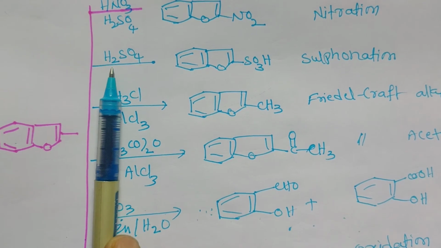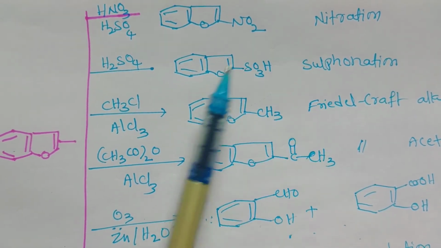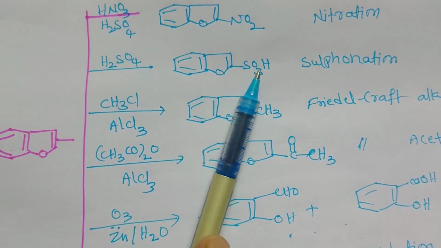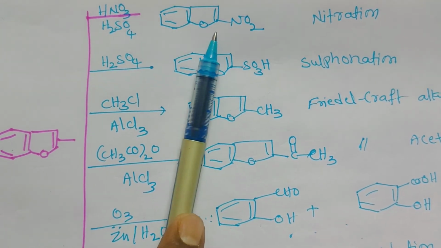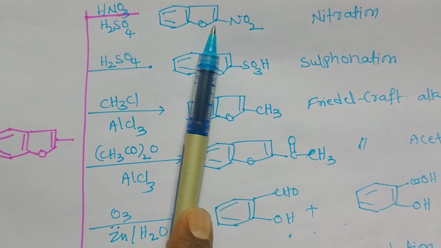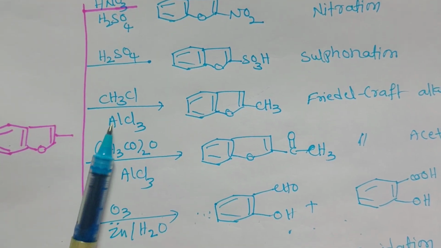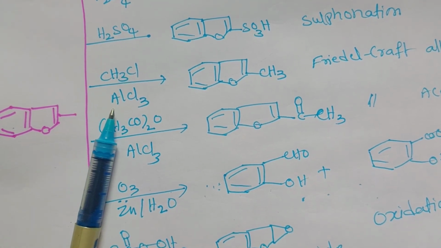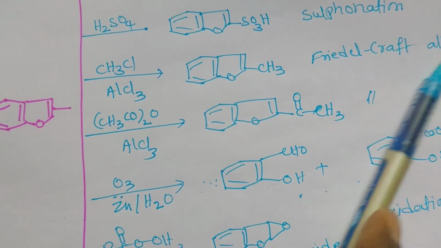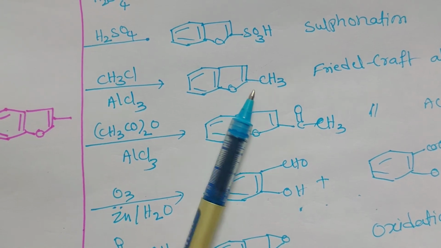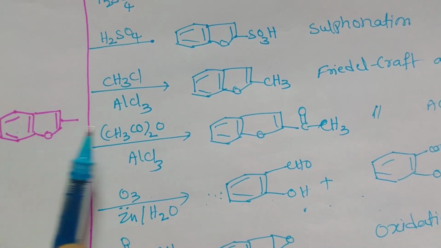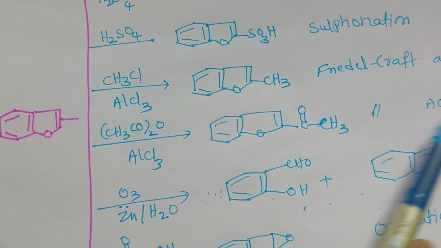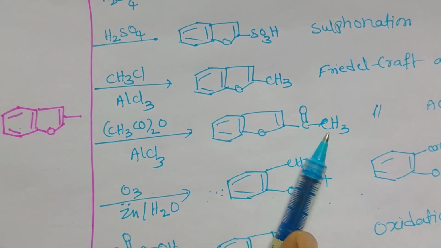And when it is treated with sulfuric acid, sulfonation takes place and we get benzofuran 2-sulfonic acid. And when it is treated with methyl chloride, that means alkyl halide, in the presence of aluminum chloride, Friedel-Crafts alkylation takes place and we get 2-methyl benzofuran. And when it is treated with acetic anhydride in the presence of aluminum chloride, Friedel-Crafts acetylation takes place and we get 2-acetyl benzofuran.